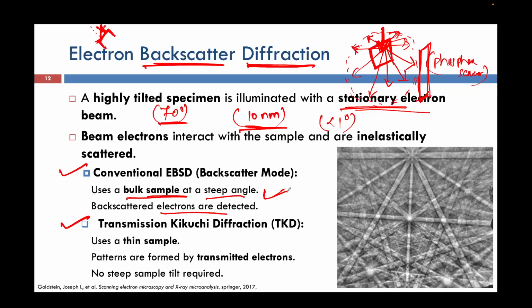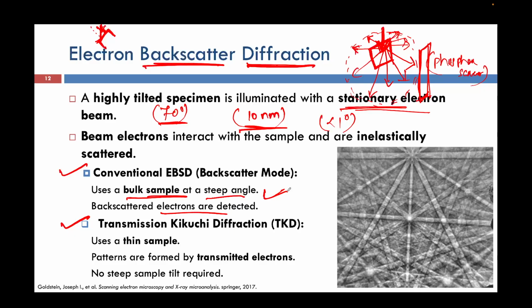For EBSD, the sample preparation should be as good as possible. First we polish using normal emery sheets, then diamond paste polishing, then if required alumina or colloidal silica polishing, which is at the sub-micron level.